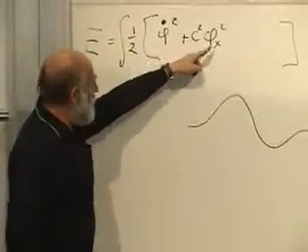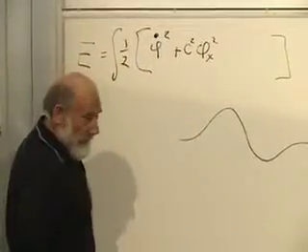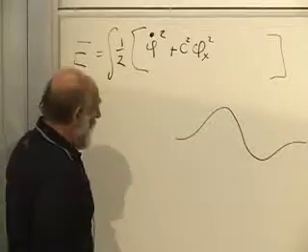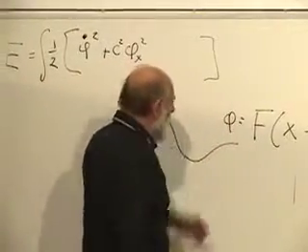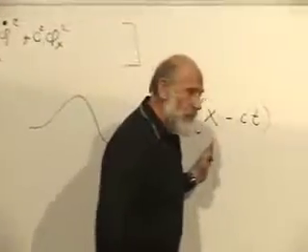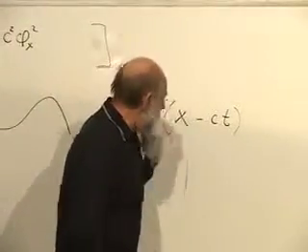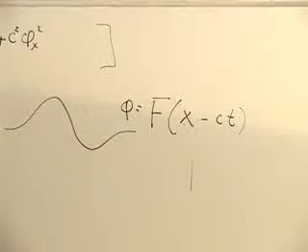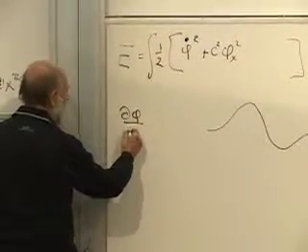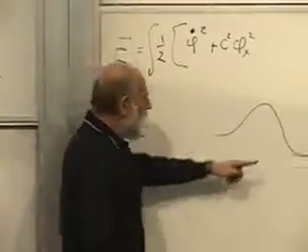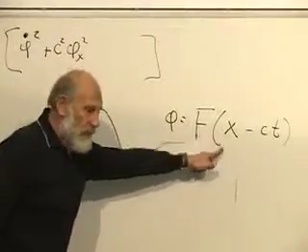Phi dot squared plus c squared d phi by dx squared. Okay, this is phi. Phi does not depend on x and t separately. It depends on the combination x minus ct. So what is phi dot, d phi by dt? That's the derivative of f with respect to its argument.